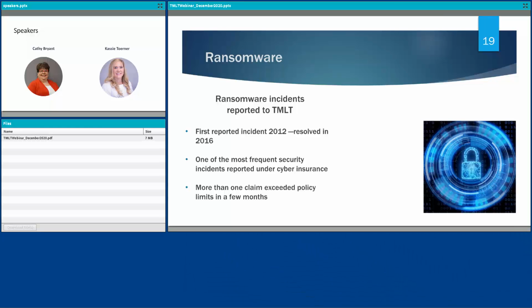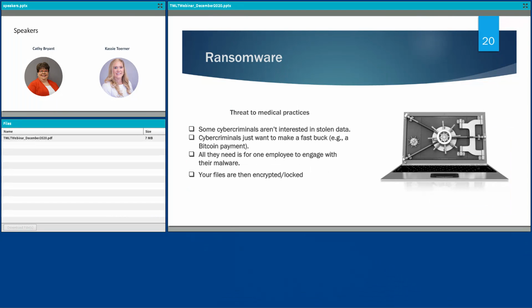Ransomware continues to be one of the most frequently reported cyber incidents to cyber insurance companies, and more than one claim has exceeded policy limits due to the massive amount of data that was involved.